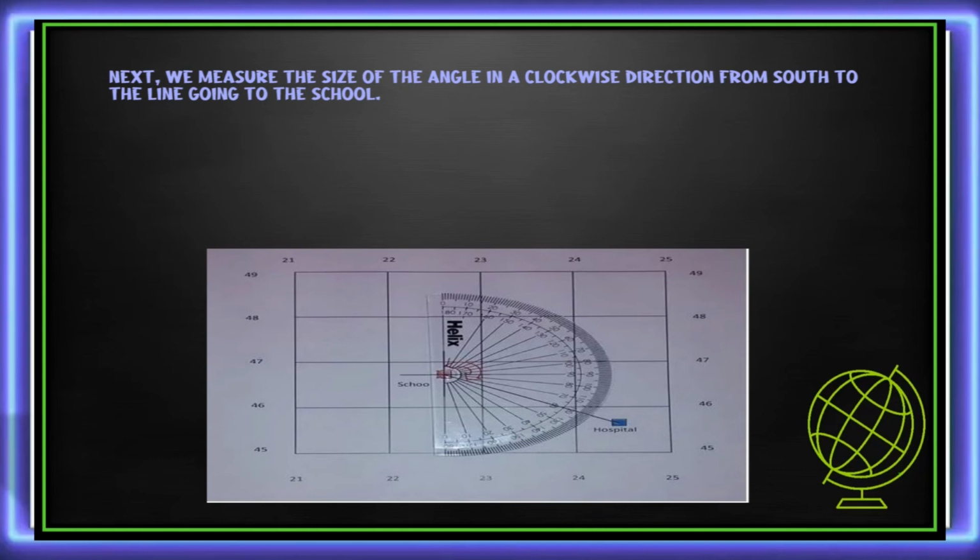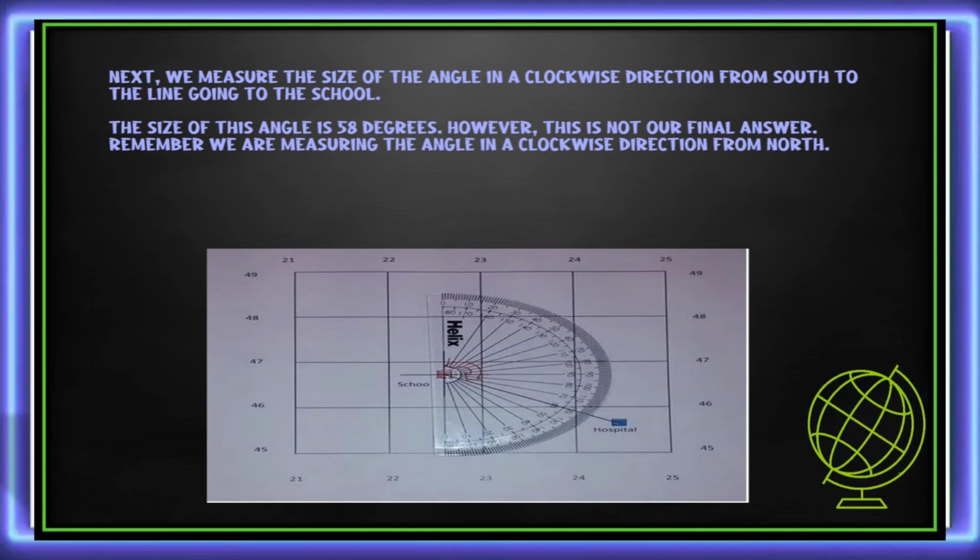Next, we measure the size of the angle in a clockwise direction. So from south to the line going to the school, the size of this angle is 58 degrees. However, this is not our final answer. Remember, we are measuring the angle in a clockwise direction from north.